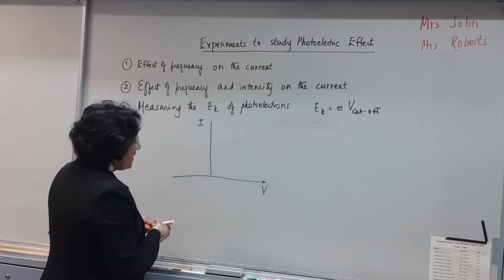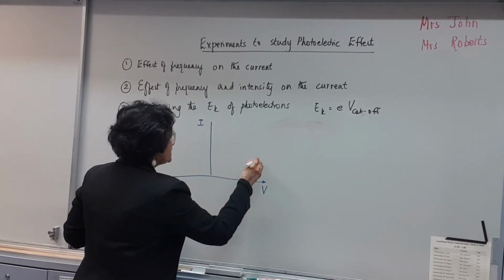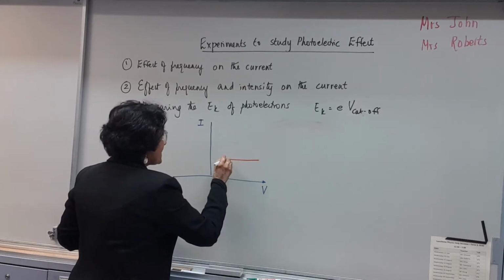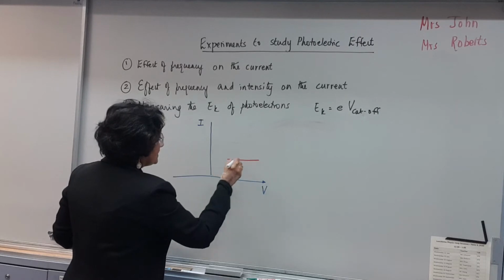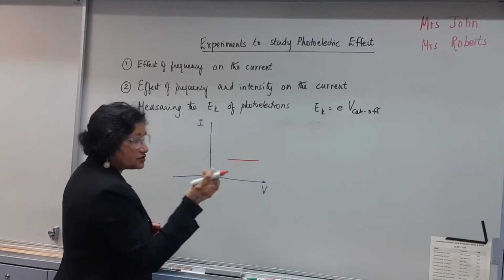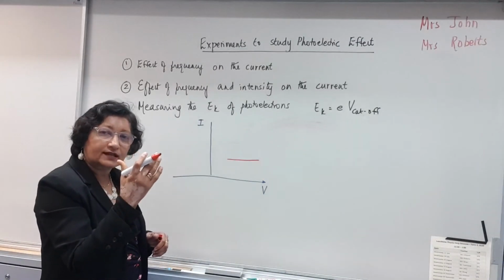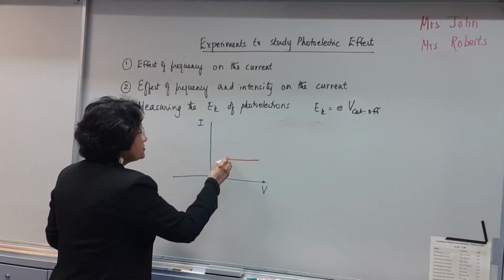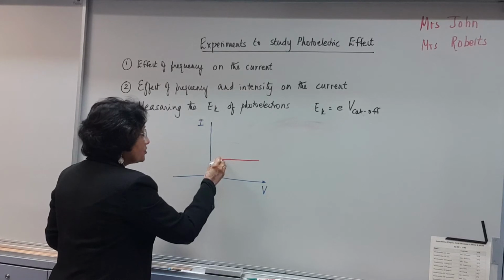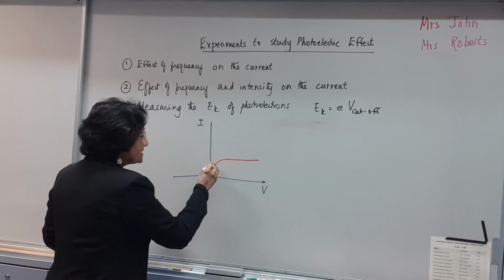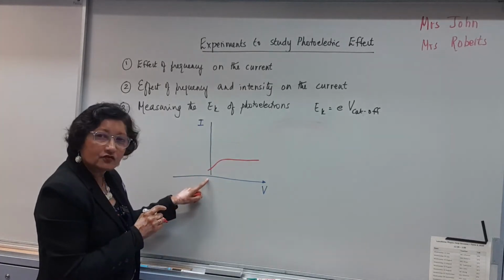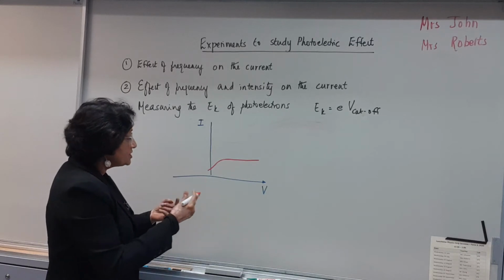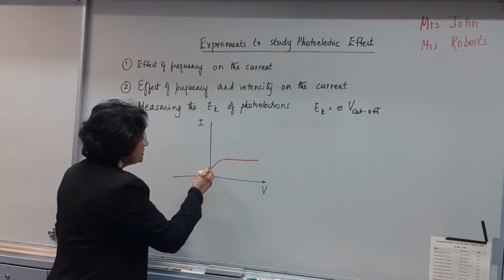So it was found that, let's say you've got a frequency here, F1, and what you're doing is you're reducing the voltage, you're getting the voltage smaller and smaller, and it's found that as the voltage gets smaller, the size of the current decreases, but even at 0 voltage, there's still some current. So you've got to make the voltage even smaller.